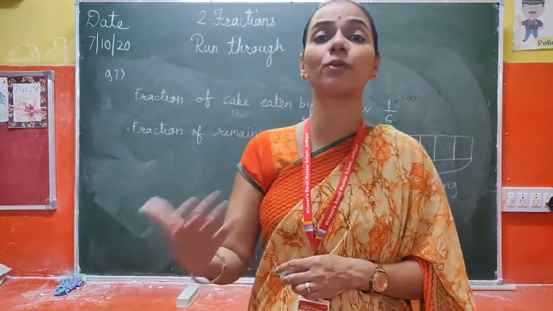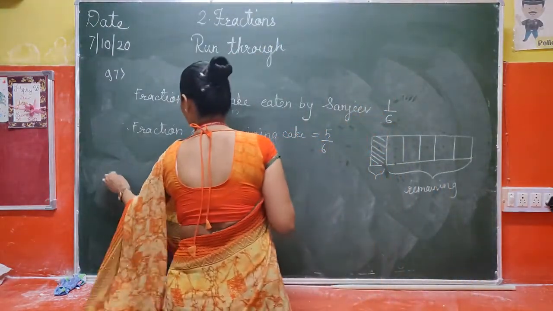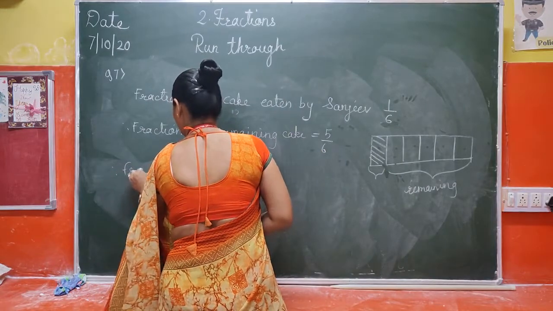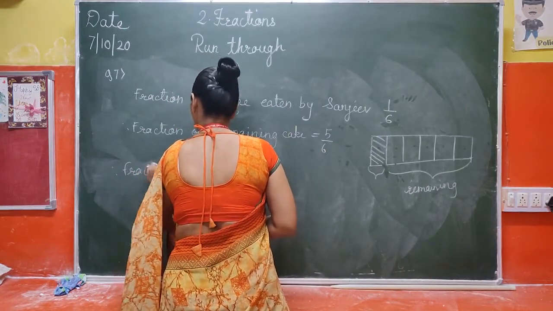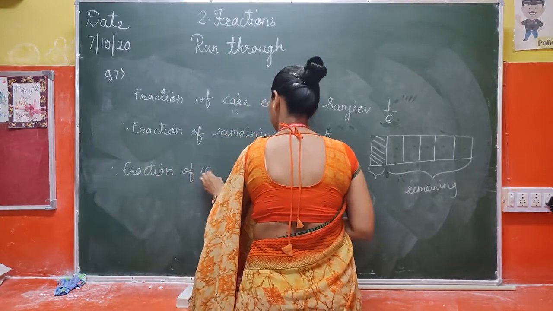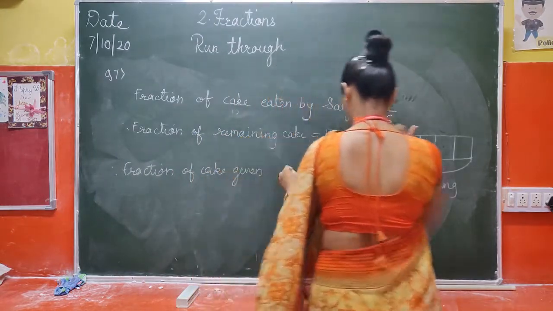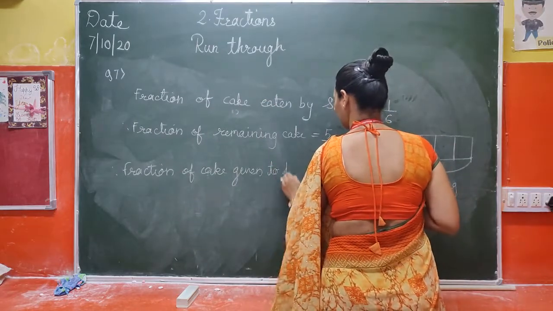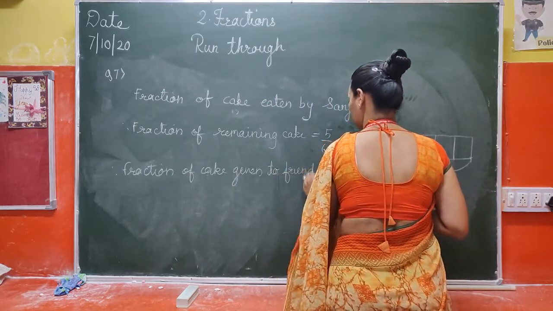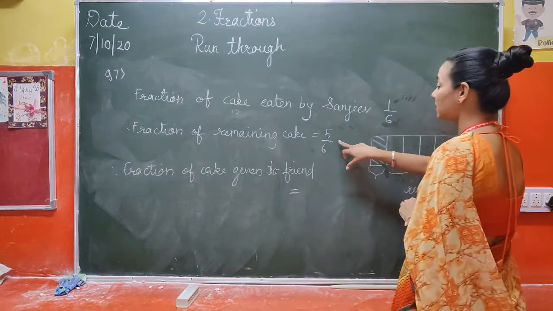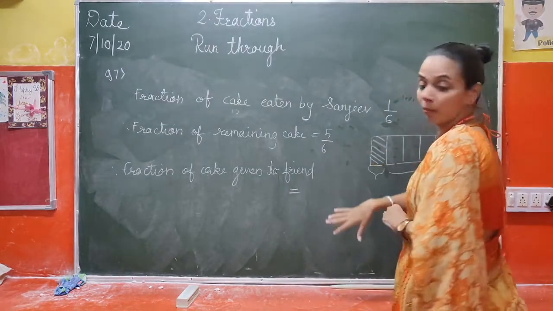Okay, now this is the cake remaining and he has given 1/5 of the remaining cake to his friend. So the fraction of cake given to friend. See, what is the cake now? 5/6. And how much has he given?